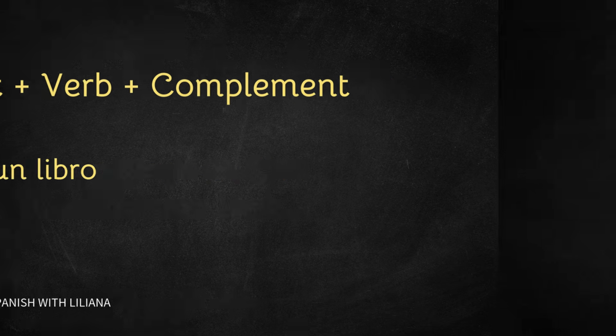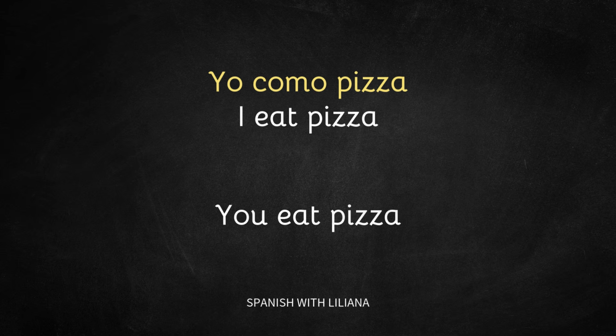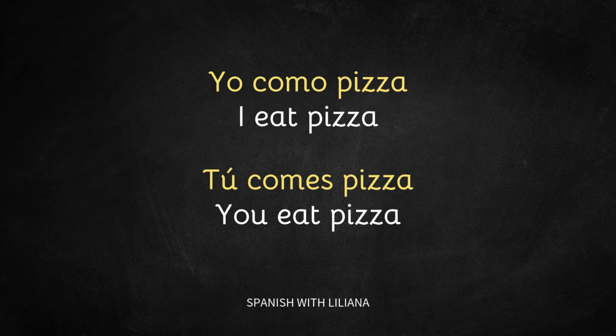Yo tengo un libro. Another example, yo como pizza. I eat pizza. To say you eat pizza, the verb changes. Tú comes pizza. Earlier, I said that we don't really need the personal pronouns in sentences, and this is the reason why.